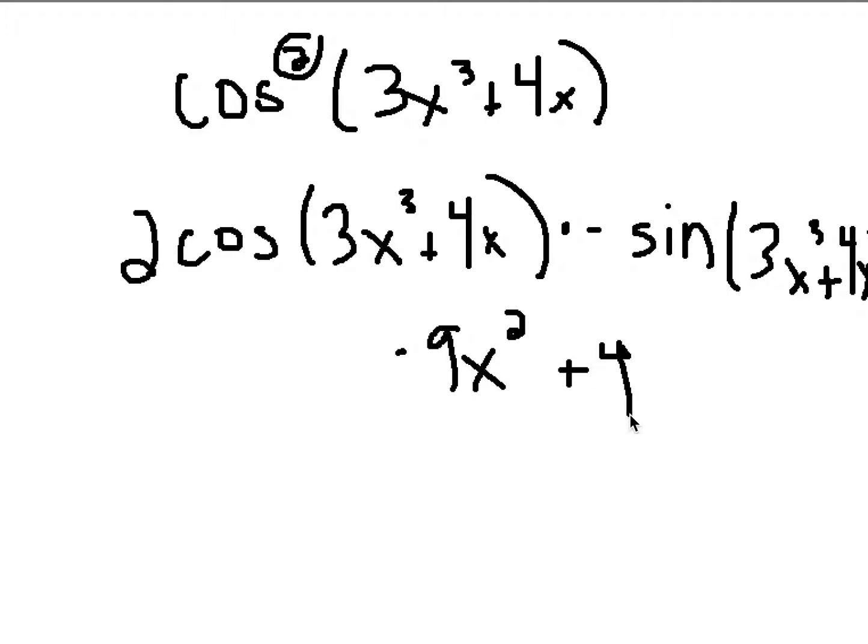The deal here is, it's a convoluted thing. There's really no nice, pretty way to write this. I can take that negative in the front, and I can move that 9x squared plus 4 to the front. But there's not a lot I can do to simplify it to make it prettier, but it's a good example for us to practice all variations of the chain rule.